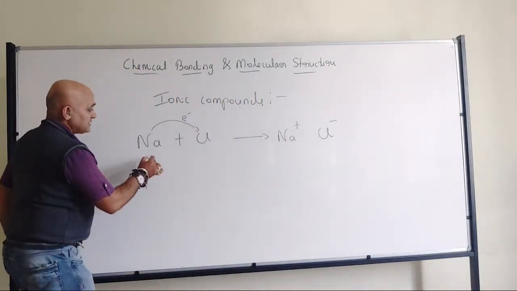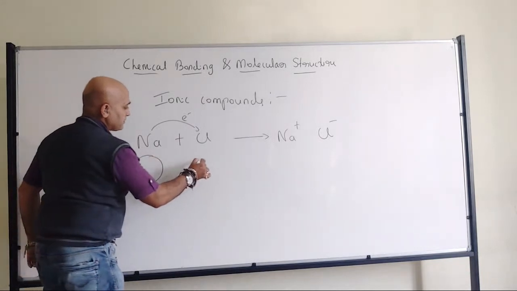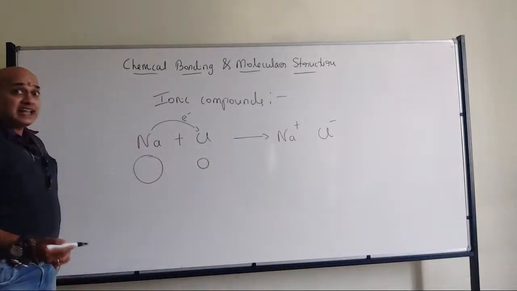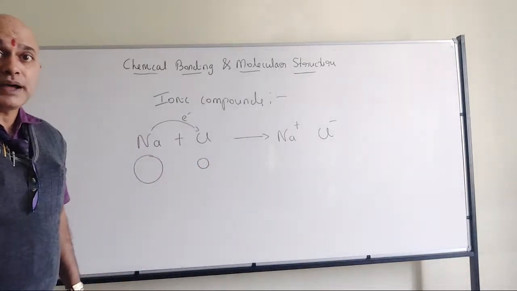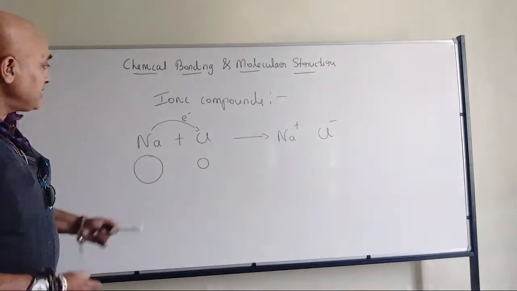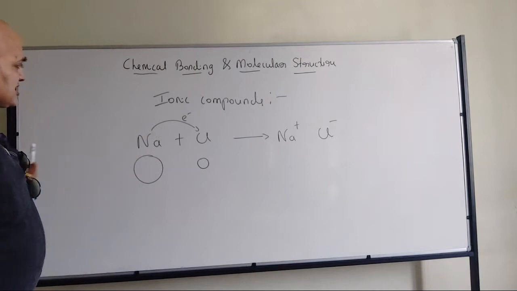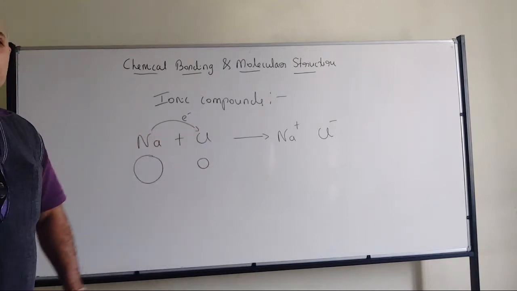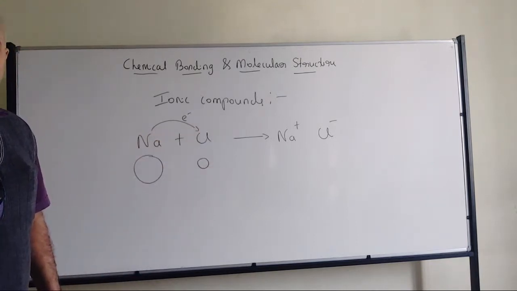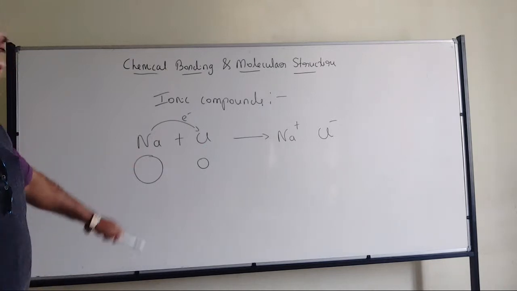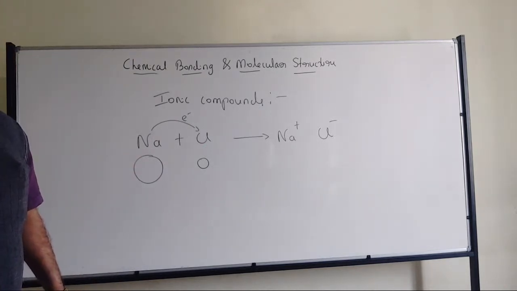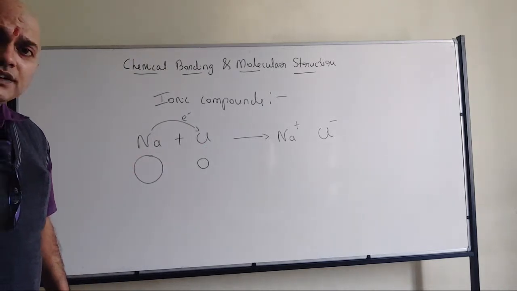Chlorine is naturally smaller in size compared to sodium, because sodium is an alkali metal and chlorine is a halogen, one on the extreme left and one on the extreme right of the periodic table. So they have a huge difference in their atomic radius. All of you have understood?